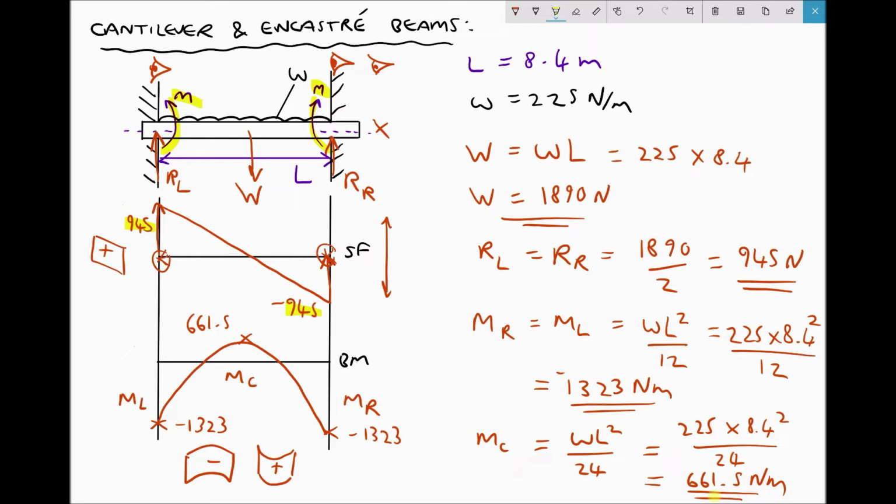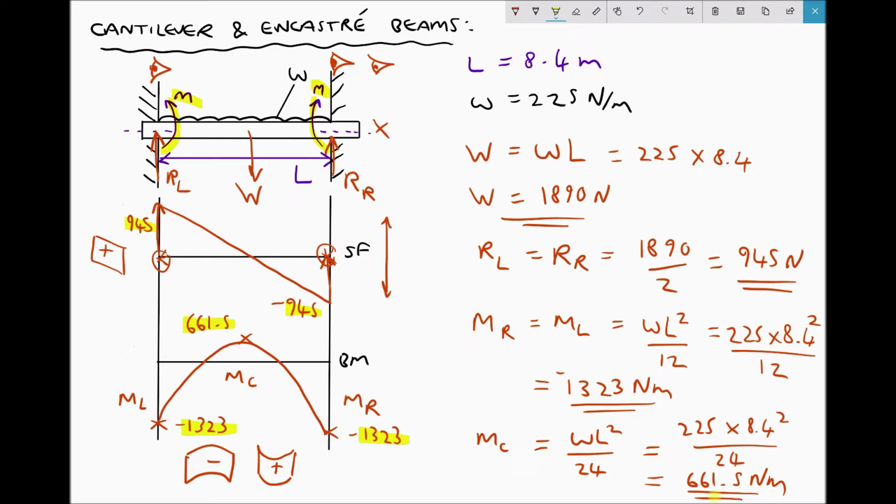And the magnitude of the maximum bending moment, although we have a positive bending moment of 661.5 Newton meters, that isn't our maximum bending moment. The magnitude of our maximum bending moment is going to be 1323 Newton meters. And that's occurring at both the left and right-hand support of the beam.